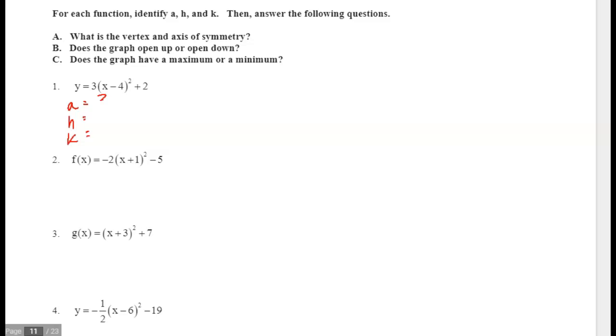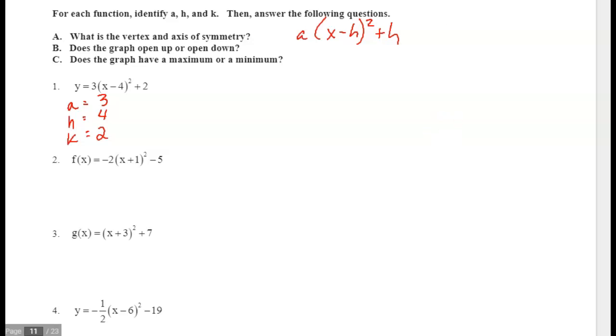So my a is 3. My h, in this case, since it is a negative, is just 4, because that negative is part of the equation. And my k is 2. So they're all positive in this case.